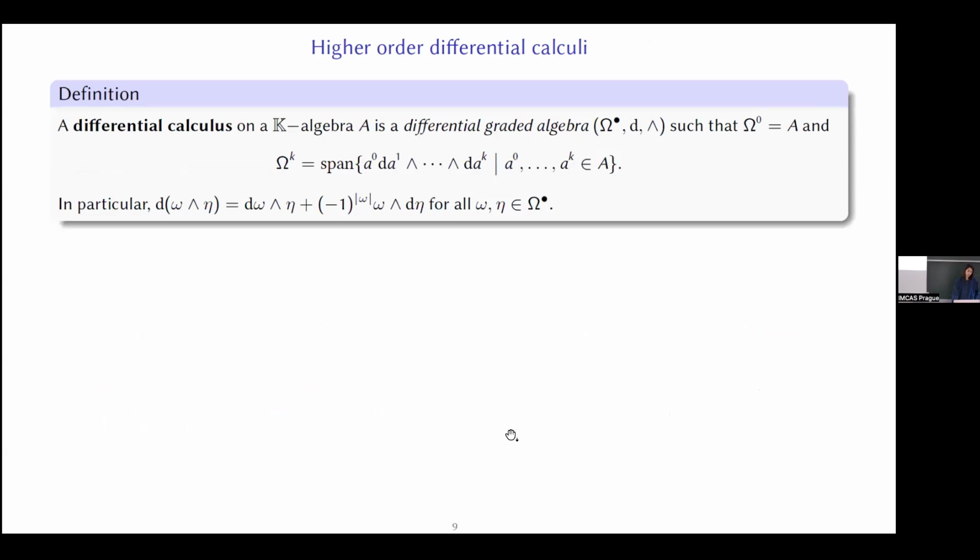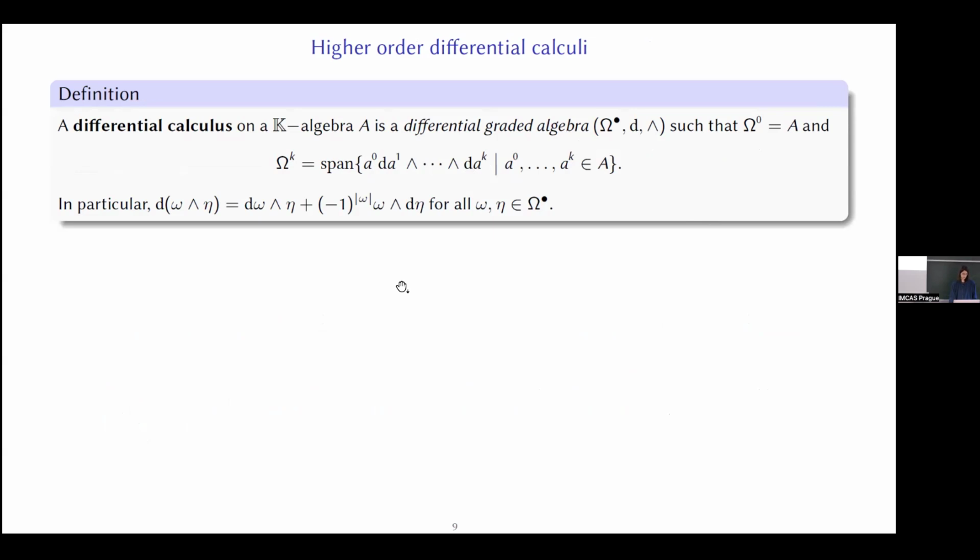And then we go to higher order differential calculi. The definition of a differential calculus in general, so a higher order one, on a K-algebra A is a differential graded algebra (Ω•, d, ∧) generated in degree 0, meaning that the degree 0 forms are the algebra itself, and every k-form can be written as a linear combination of these.